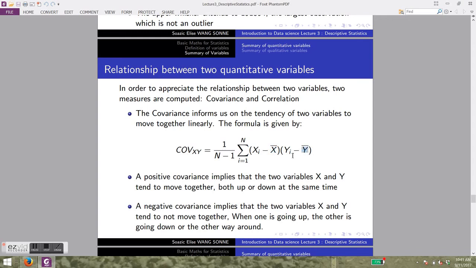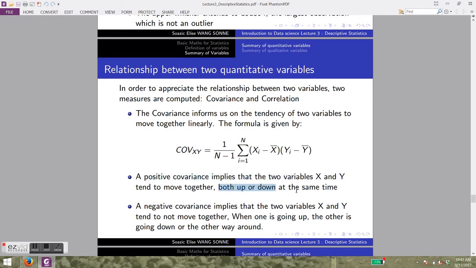Let's say for instance you want to see the relationship between household income and expenditure. You want to see how much people tend to spend as their income increases. One of the guesses that you will have is that the more income you have, the more expenses you are going to have. So it means that if we compute those two variables, we will expect a positive sign of the covariance. And here a positive covariance implies that the two variables x and y tend to move together, so both up or down at the same time.